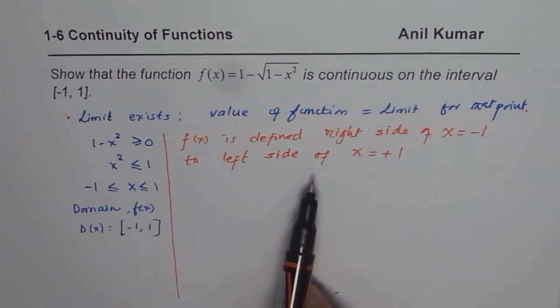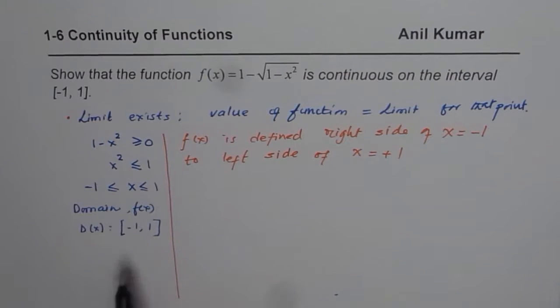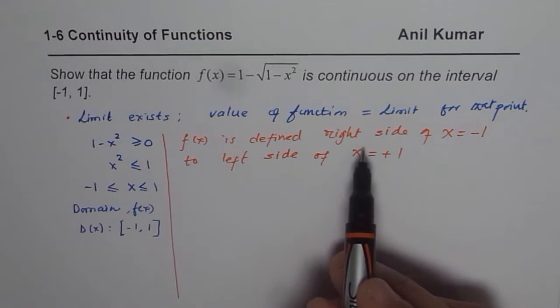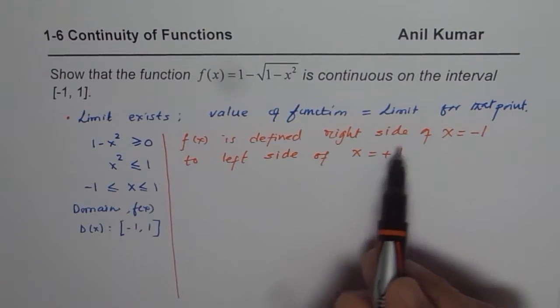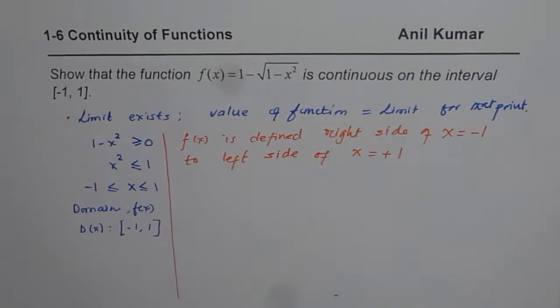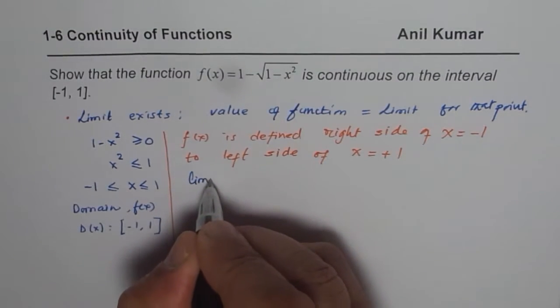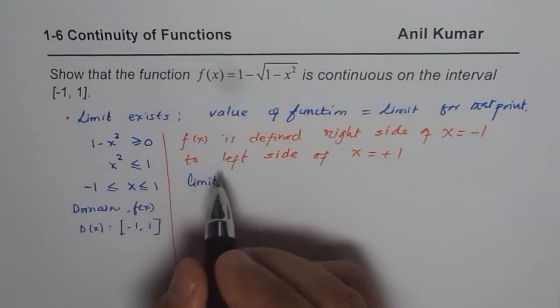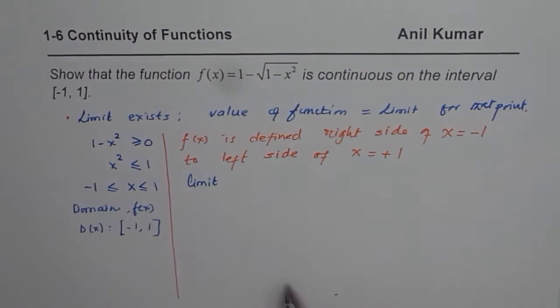So that is the interval where it should be continuous. It is defined in this interval, and therefore we need to prove that this function is continuous within these limits. I wrote this because what we need to really prove is that the limit of the function as it approaches any point in the domain is a well-defined limit, right?